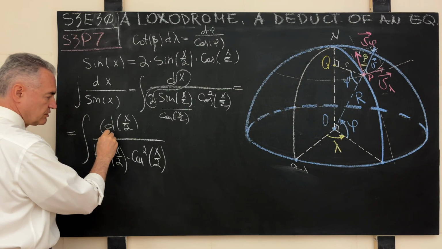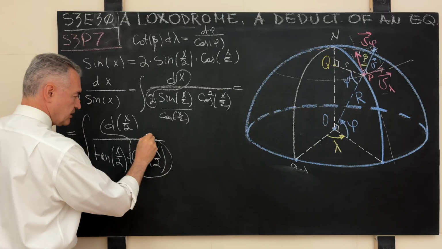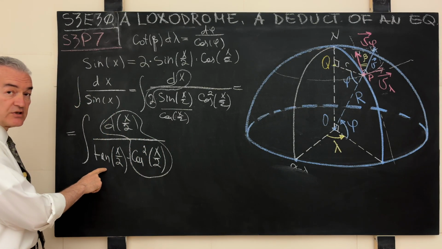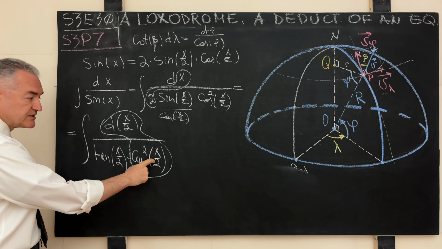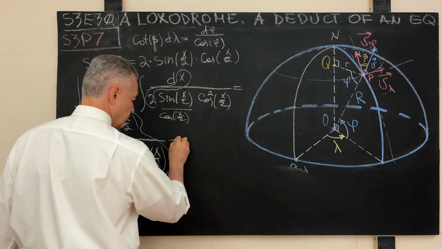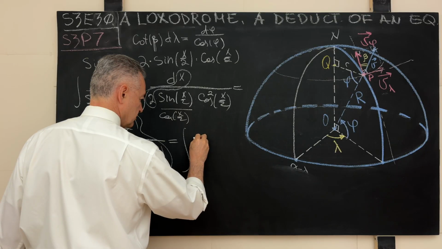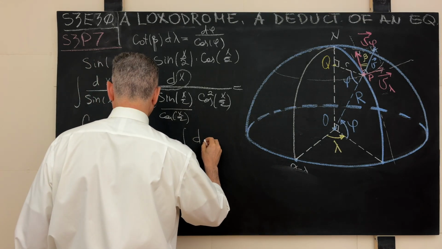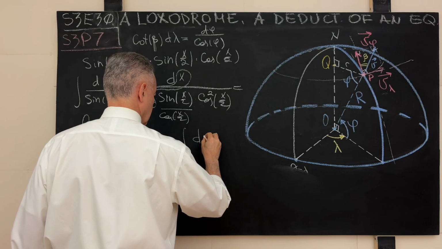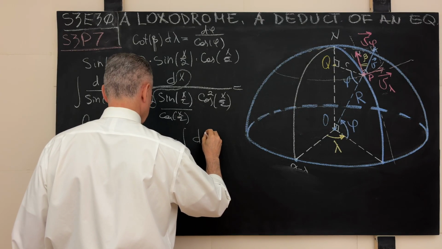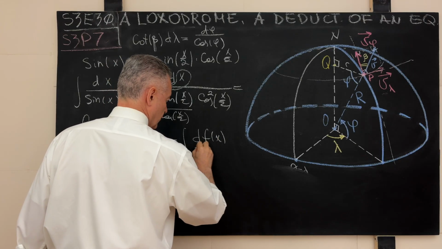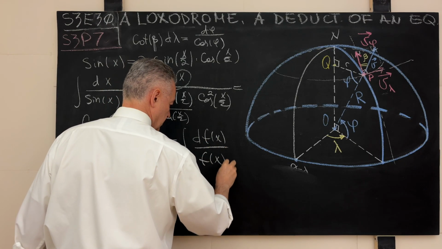What is this guy right here? Well, this is the first differential of the trigonometric function of tangent of the same argument. So in some sense, we can write it like this: the integral of d f of x over f of x.